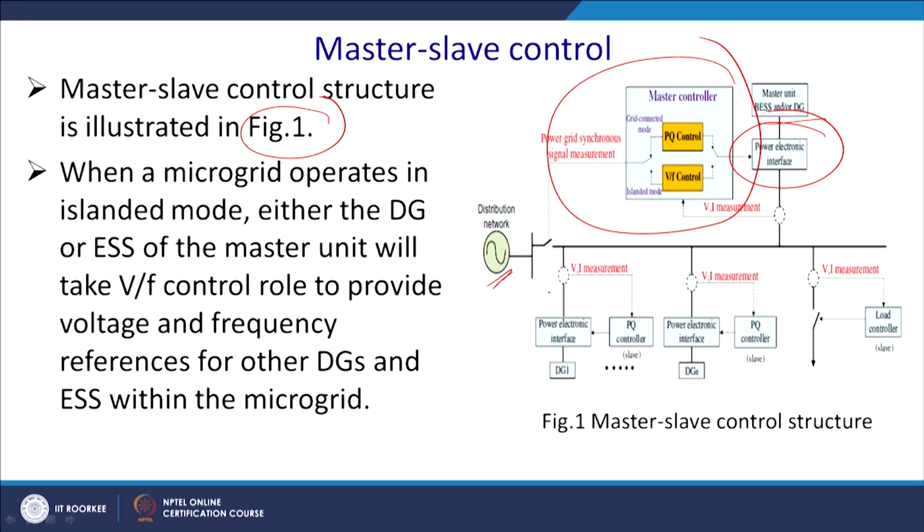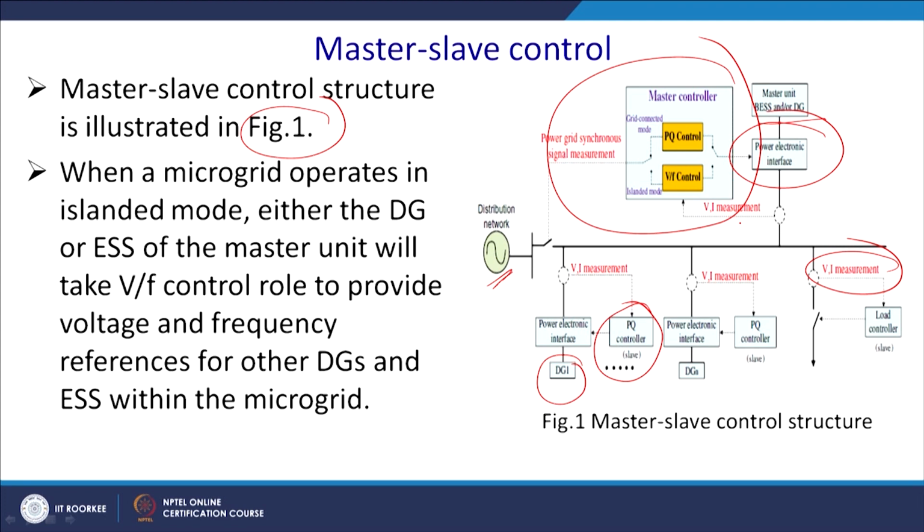You will have VI measurement and the power electronic interface of DG1 and so on, and it will follow this master controller in toto, that is in a PQ controlling mode. We also have another generating unit or the energy storage unit. And also you can have a load with a controller with a load shedding scheme, and thus also you have a provision for the measurement of V and I.